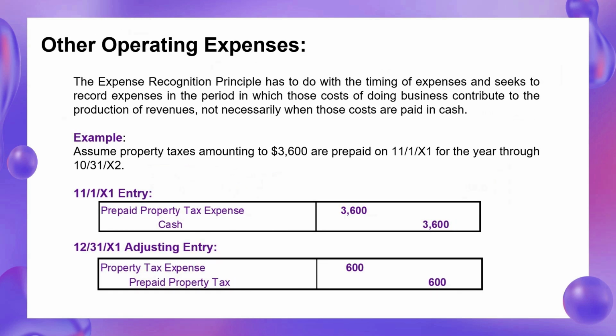In accounting for other common operating expenses of a business, the key principle to consider is the expense recognition principle. You'll remember the expense recognition principle has to do with the timing of expenses and seeks to record expenses in the period in which those costs of doing business actually contribute to the production of revenues, when in fact they provide some benefit to the business, not necessarily when those costs are actually paid in cash.